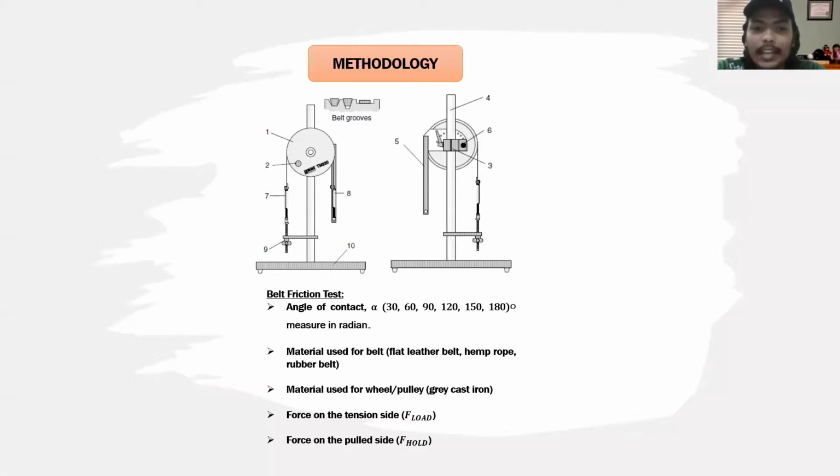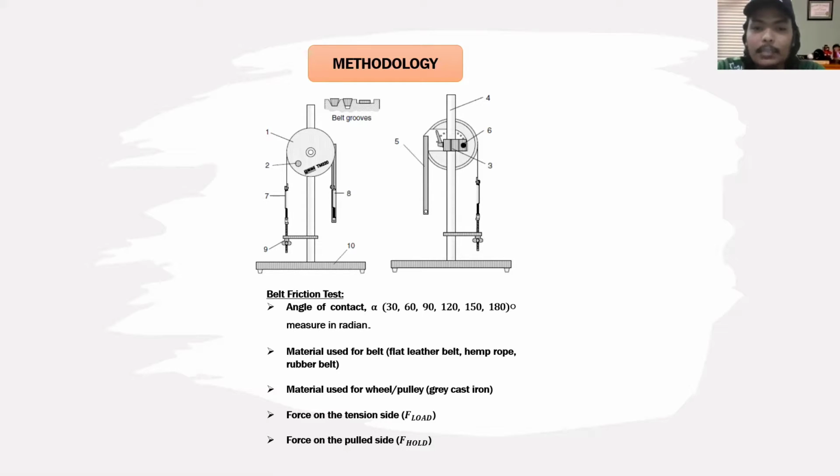What is the best angle of contact for belting system and which type of belt will give the optimum result for the belting system? For the first experiment, different angle of contact between belt and pulley by using hemp rope as the belt. The angles are 30 degree, 60 degree, 90 degree, 120 degree, 150 degree, and 180 degree.